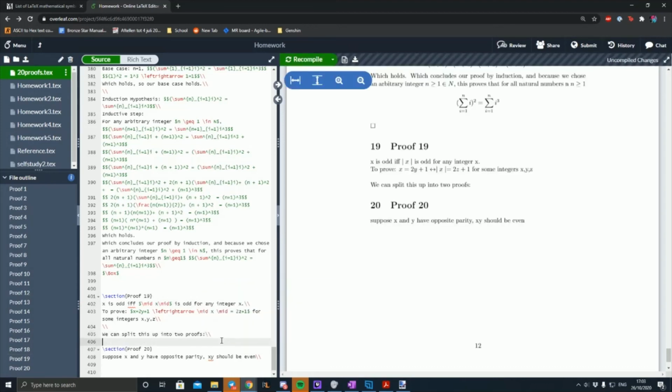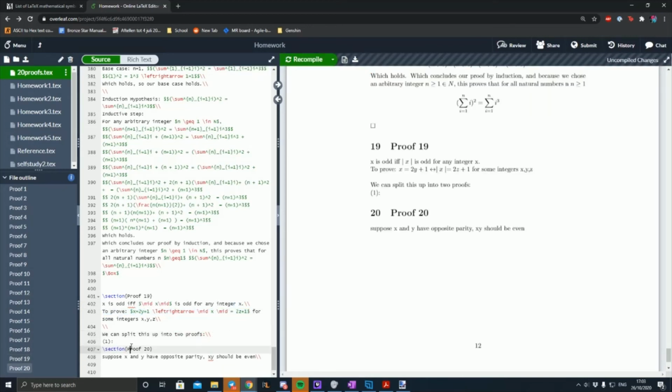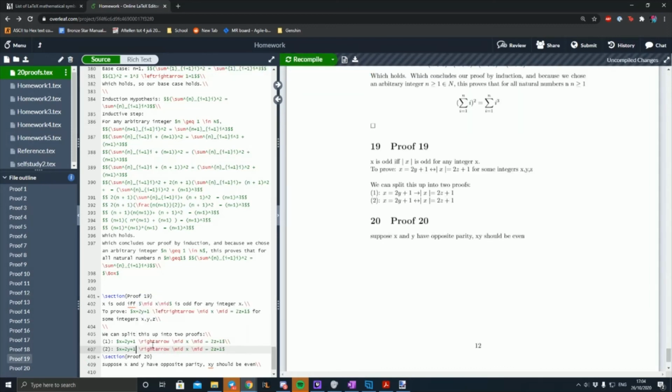Split it up into two proofs. One which is this thing right arrow this thing, and proof number 2, which is right arrow, but then the other way around.